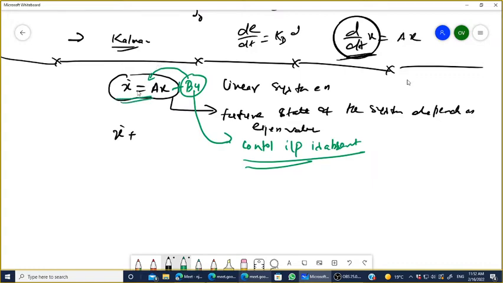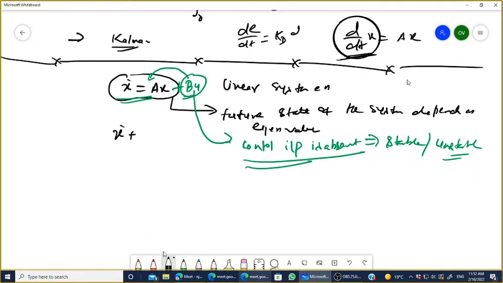But we can't drive, we can't change the behavior, right? Because we don't have the control input. Let's say the system may be stable and maybe unstable, but you can't change the behavior.